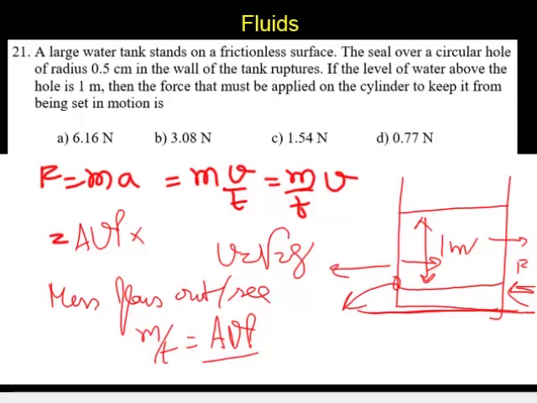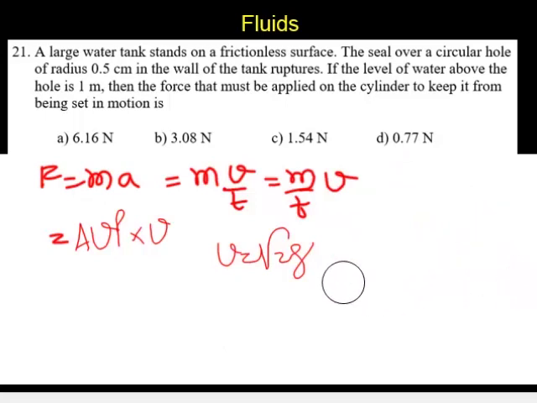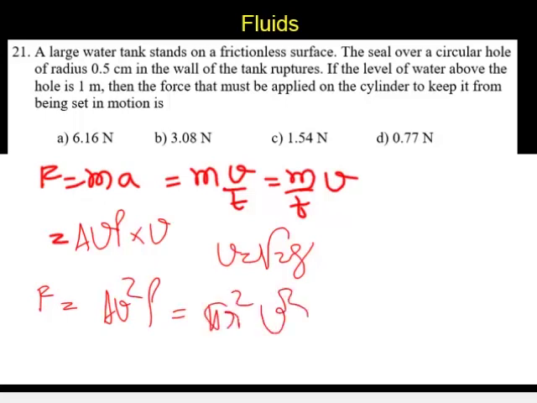So the reaction force on this is A v square rho. A is pi r square, so pi r square v square rho.